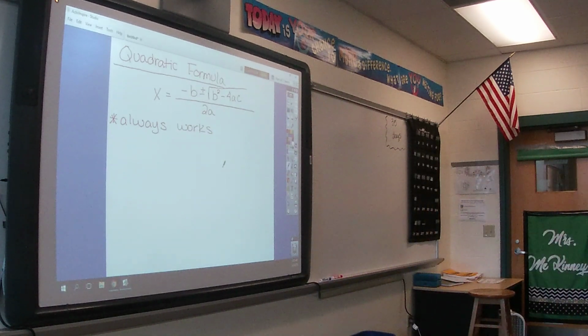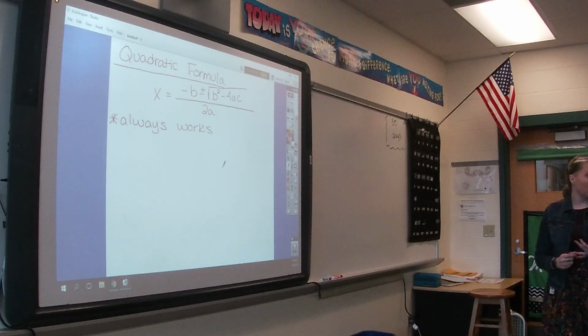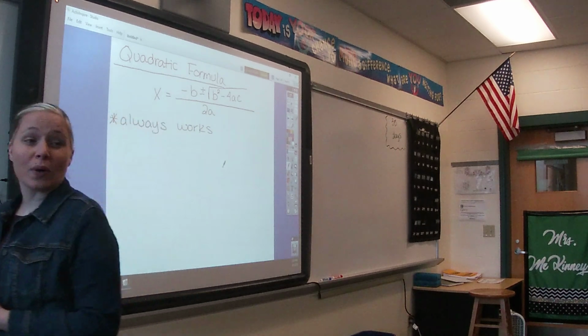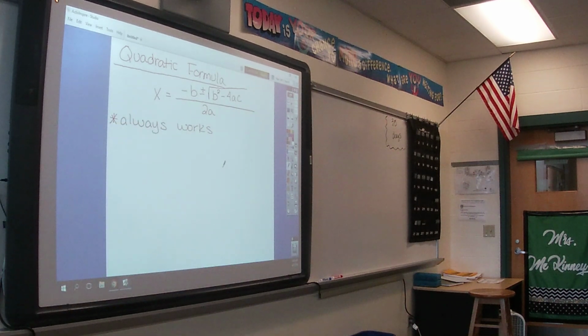Solving by taking a square root, right? We said we had a dilemma that we could only use it if there was no x to the first power. Factoring only worked if it was factorable. Completing the square, we had to get in the correct format, right? If we ended up with an odd b or a fraction of a b, we weren't guaranteed to end up with a perfect square, so that didn't always work.